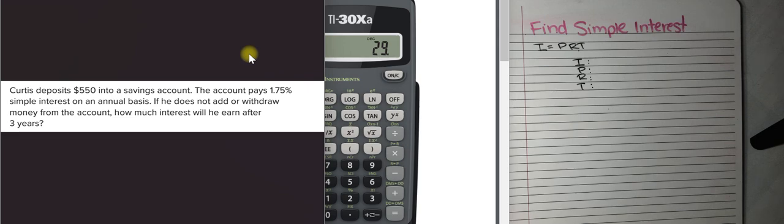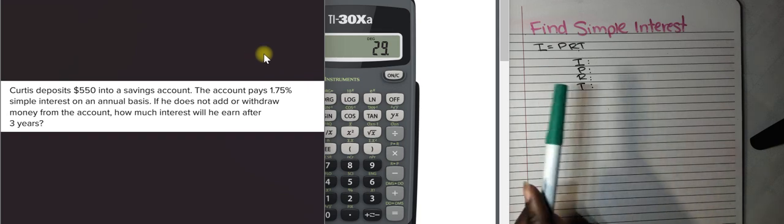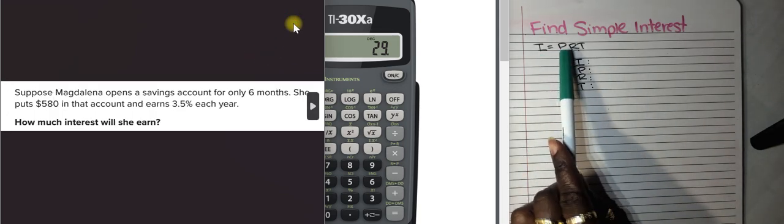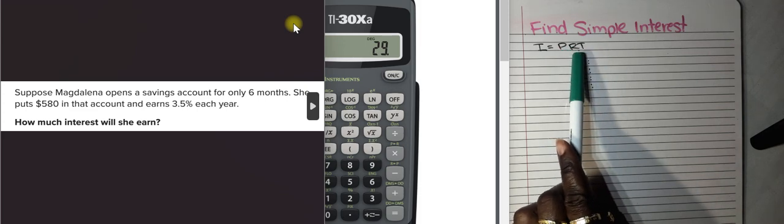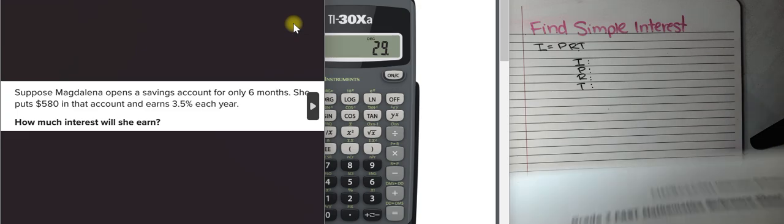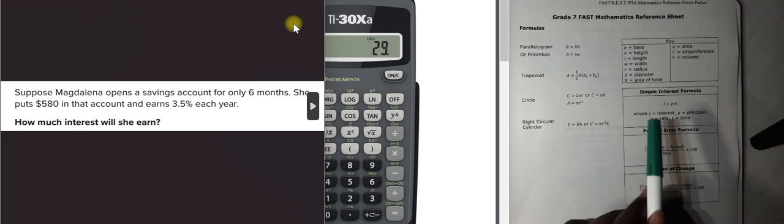So remember, the formula for us to find our simple interest is I is equal to the principal times the rate times the time. So you'll need that information in order for you to solve it. Another thing that I wanted to mention is that on your reference sheet, if for some reason you forget that formula when you do go and take the test, you will actually have that information on here.